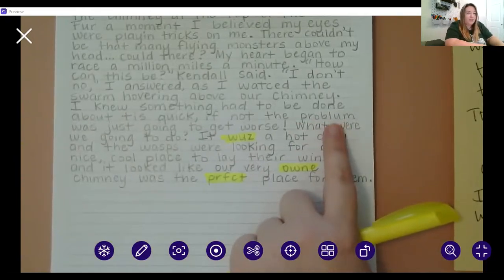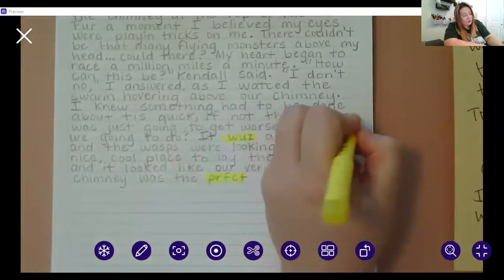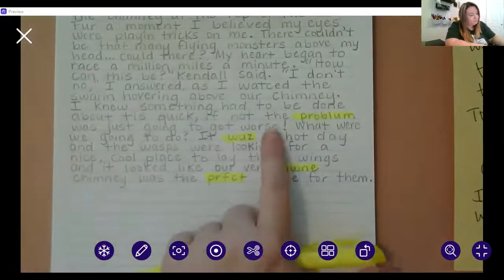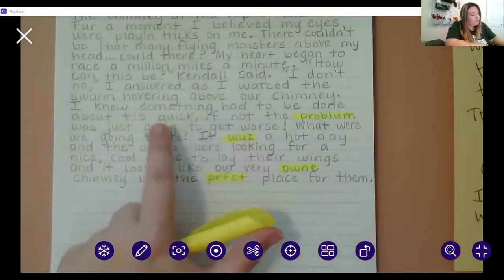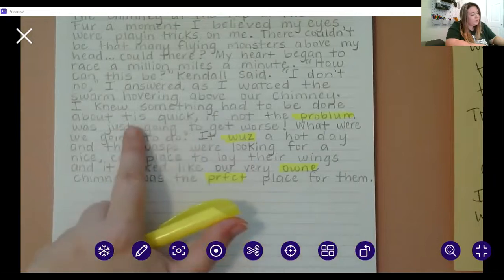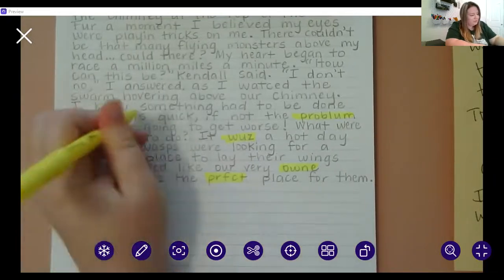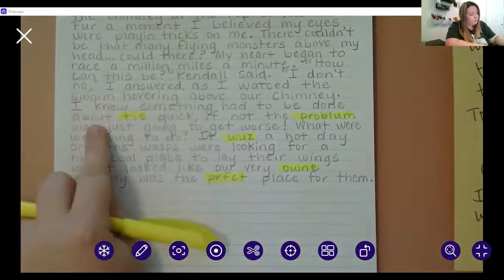I might want to check my high frequency word list in just a little bit because I don't know. That kind of looks right, but it also doesn't. So I'm not sure. I'm going to highlight it to check it. The, not, if, quick, tis. I don't know what tis means. I think I don't know what that's supposed to be. I'm going to have to check it.